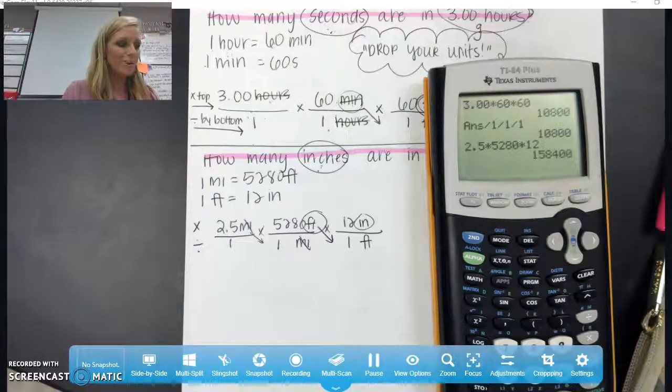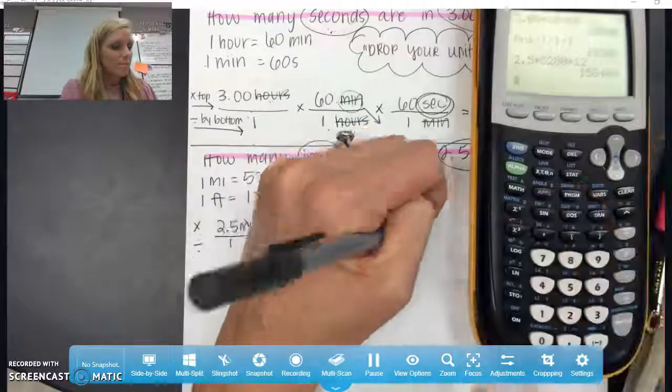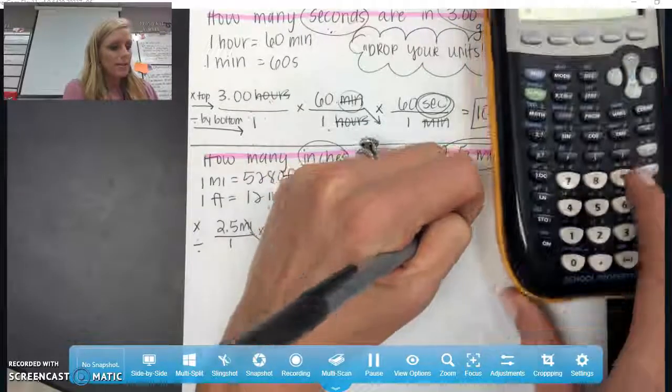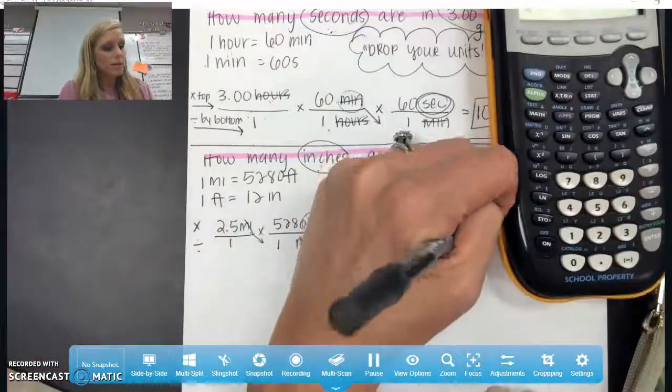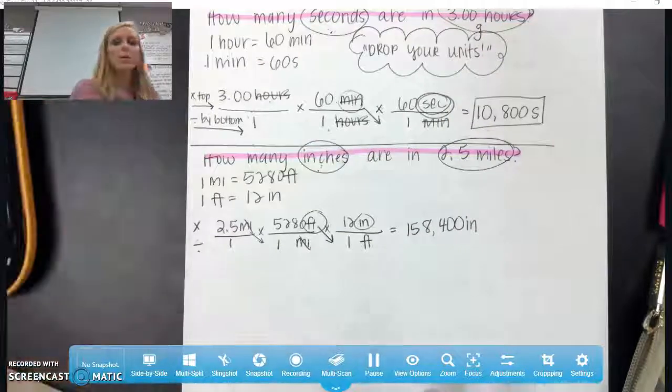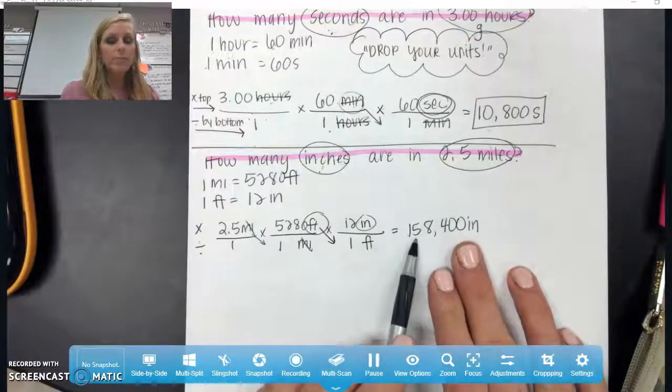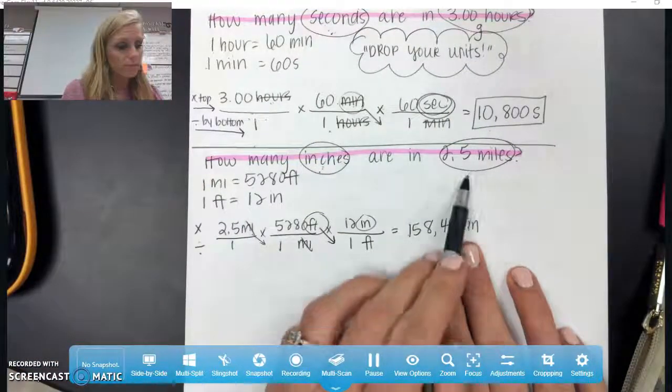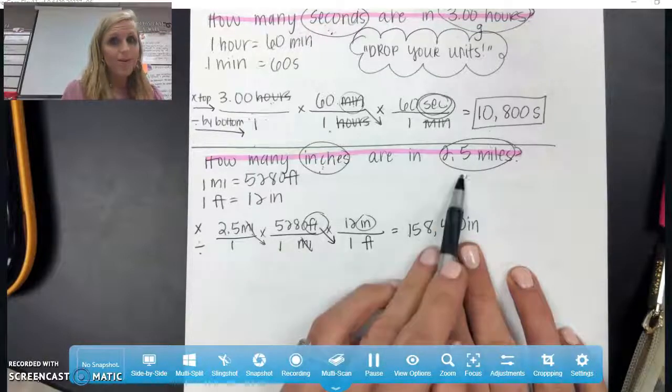You could divide by ones from the bottom, but you don't have to. Equals 158,400 inches. But double check. Is this going to be a full credit answer? It is not.